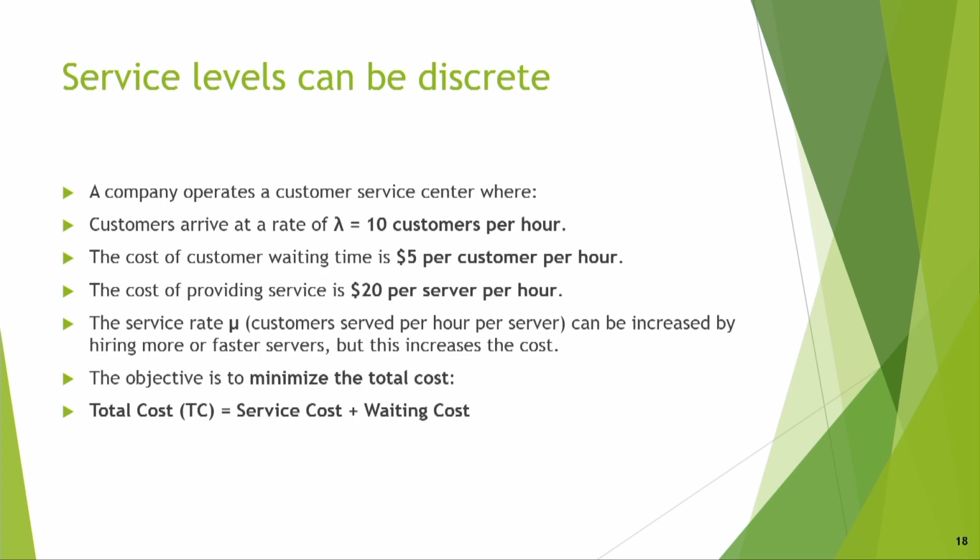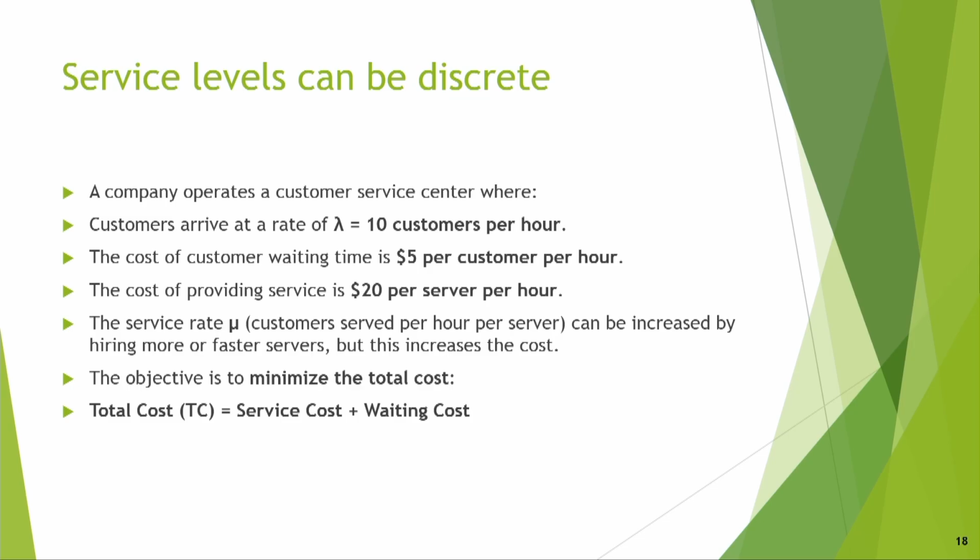The cost of providing service is $20 per server per hour. The service rate mu, that means customers served per hour per server, can be increased by hiring more or faster servers, but this increases the cost. So the objective is to minimize the total cost. You can make an optimization problem and solve that.